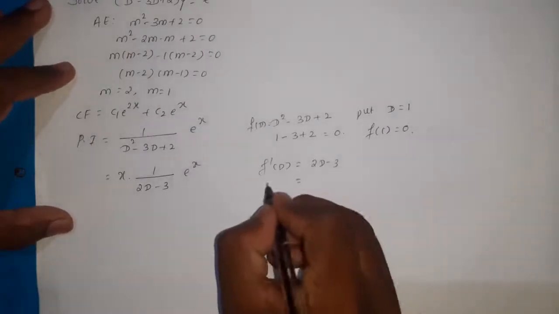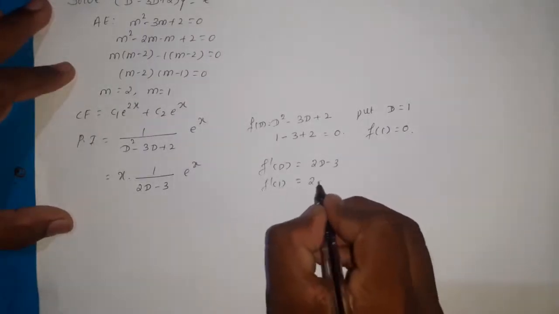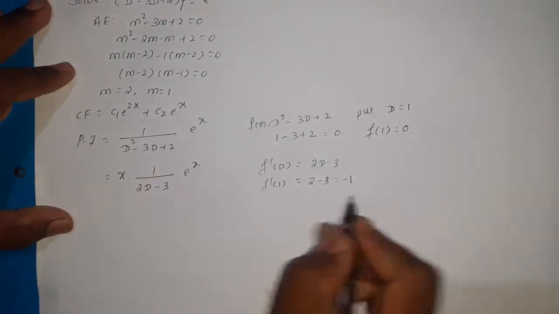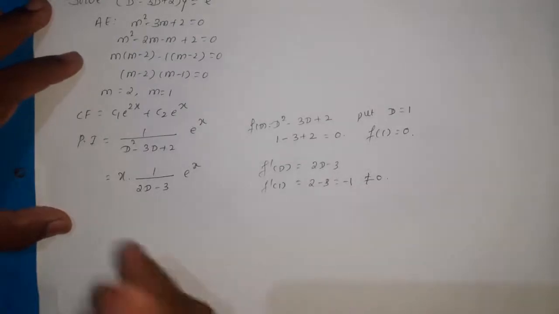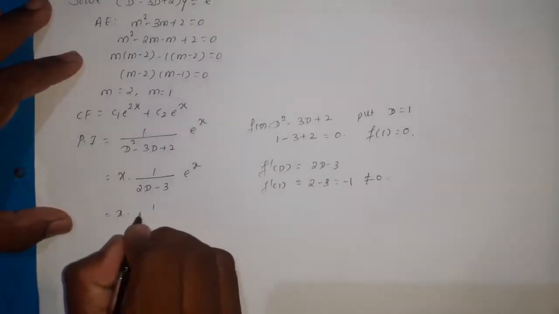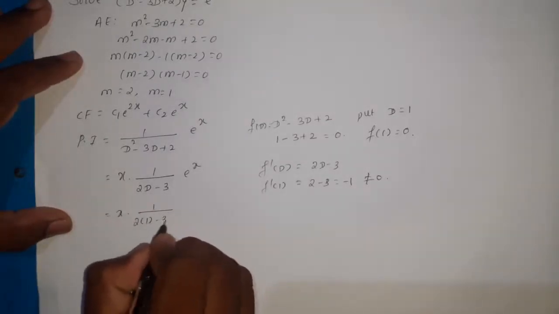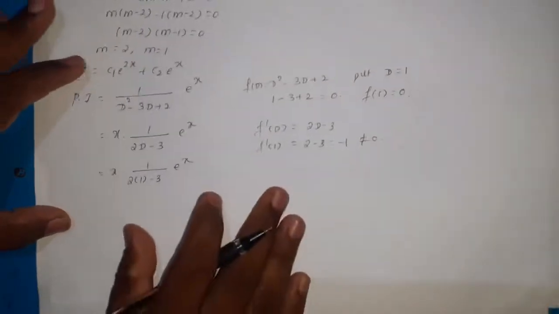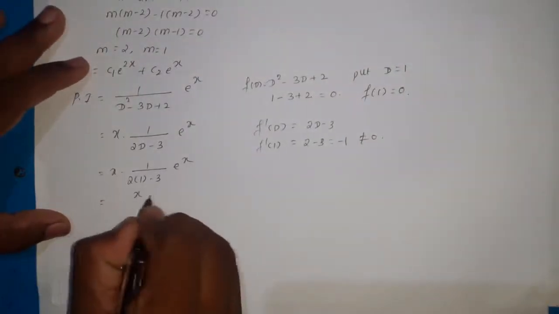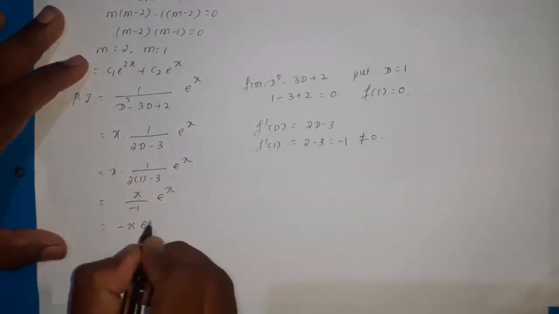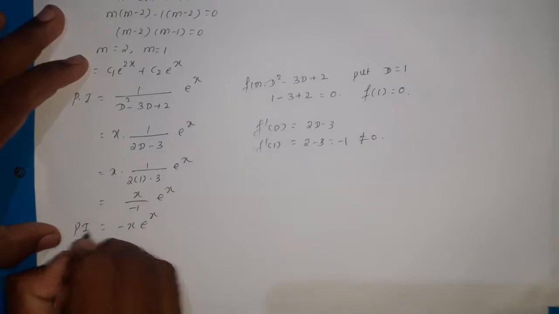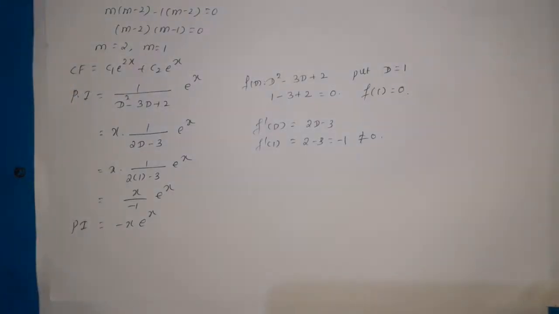So what is the value of f dash of 1? 2 minus 3, which is equal to minus 1, which is non-zero. Therefore it is x into 1 divided by 2 into 1 minus 3, e power x, which is equal to x divided by minus 1 e power x, or minus x e power x. So that is the particular integral of the differential equation.